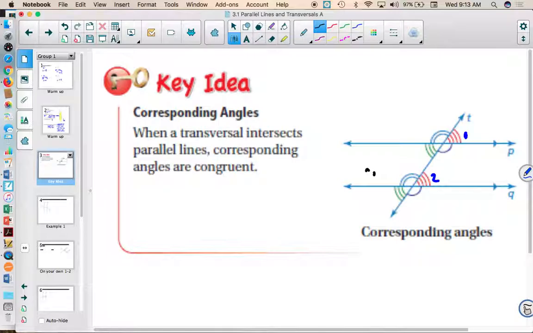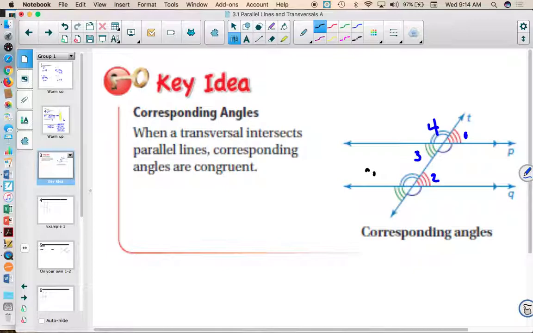Okay. Now we know that 1 and 3 are vertical. So if I knew the measure of angle 1, would I know the measure of angle 3? Yes. If I knew the measure of angle 1, could I find the measure of this one, which we'll call 4?